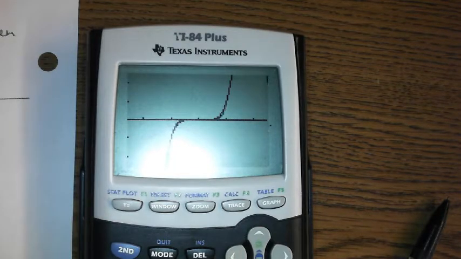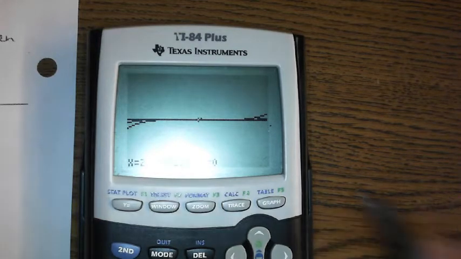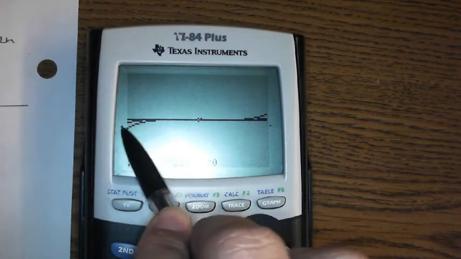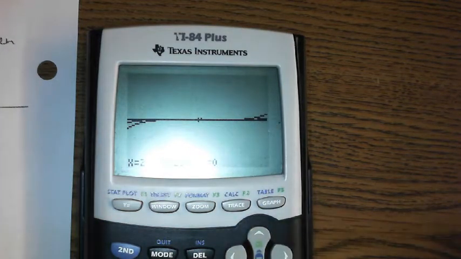Here's the 7th root. I'm going to zoom in again. There's the 5th root wiggling through, and here comes the 7th root. It came over here, and it was already flatter. And then it came out over here on the bottom side. Anyway, we follow that? Okay, so that's your multiplicity discussion.